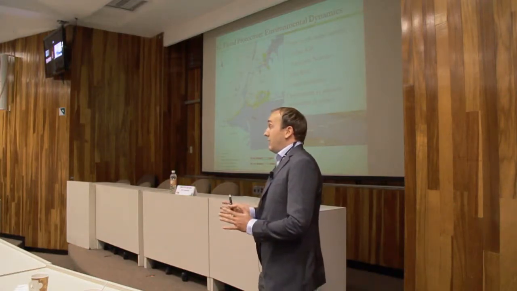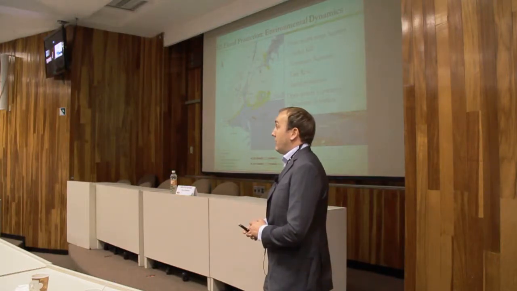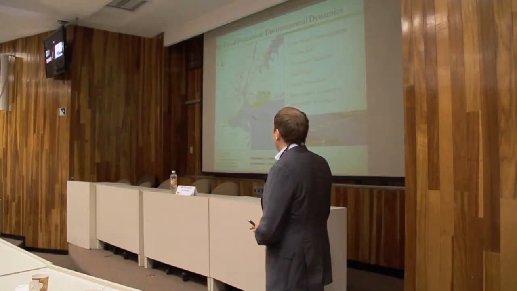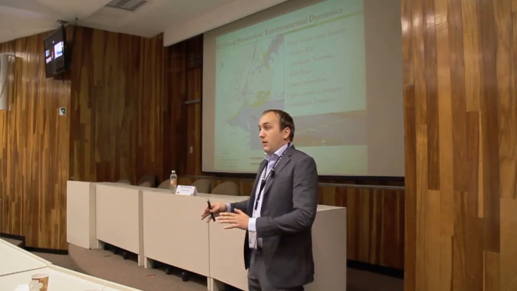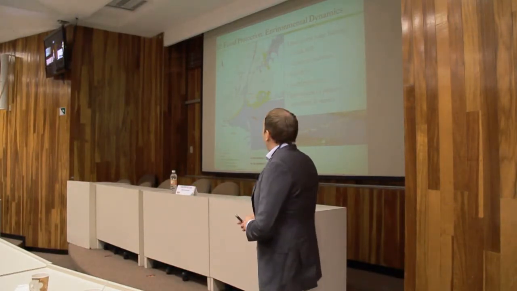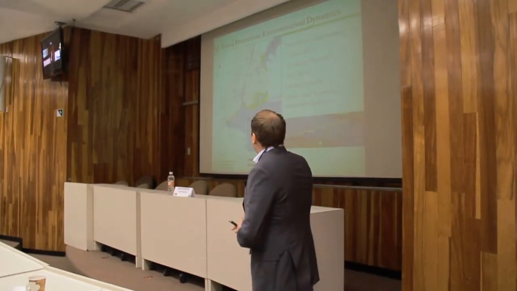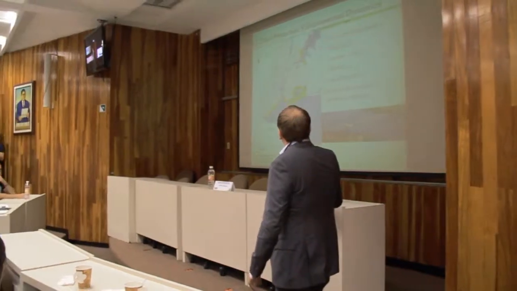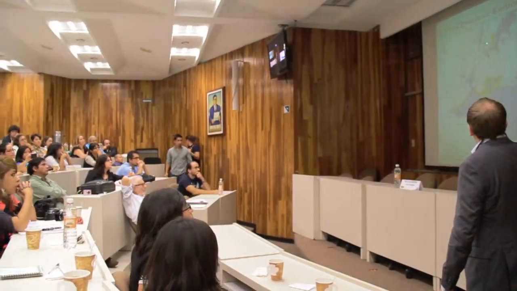Then there are basically two types of different storm surge barriers that are being considered to be installed by the city. So the first storm surge barrier strategy is actually called environmental dynamics. And what it basically consists of, here you see a graph of New York. So here you have Manhattan, Queens, Brooklyn, Staten Island, and the Bronx.